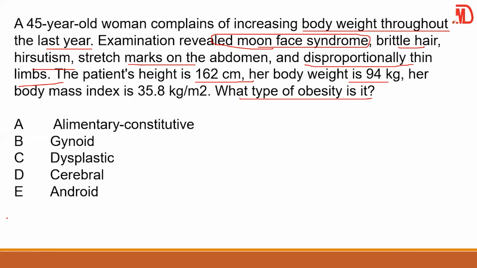However, in the absence of these things we are all mentioning, we could be looking at dysplastic obesity. This is the term used to describe the presence of abnormal cells within a tissue or organ.